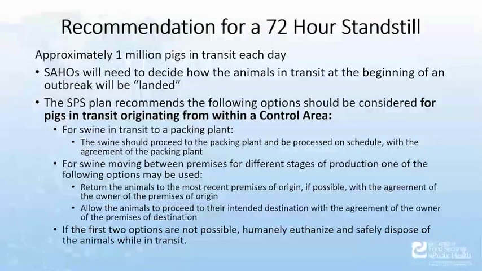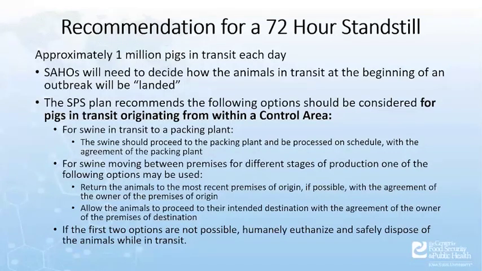A couple of recommendations that are part of secure pork supply, not in the phases and types document, related to the 72-hour standstill, new recommendations that are being made. And again, there's approximately 1 billion pigs in transit each day. And the state animal health officials will need to decide how the animals in transit at the beginning of an outbreak will be landed, will be sent somewhere.